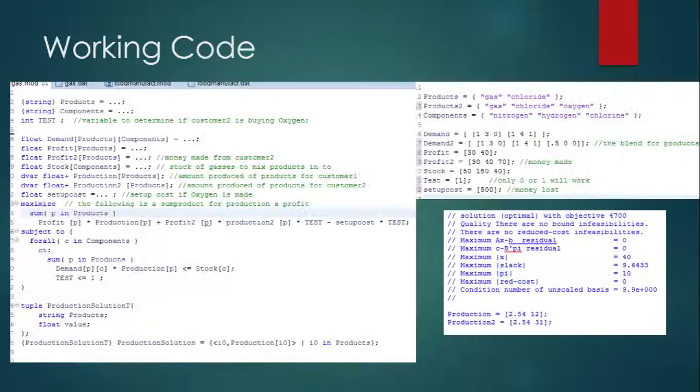That's why we only have two productions for production 2, because he wasn't going to buy it anyways.